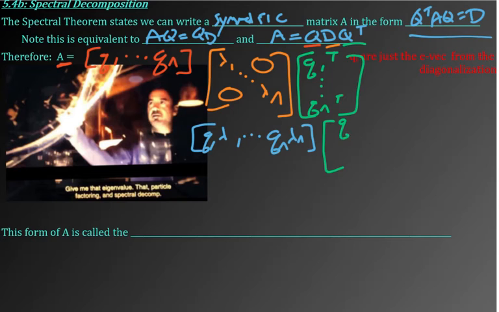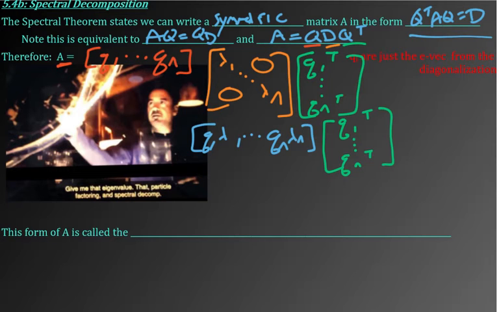And then I copy all of that down, and just do rows times columns. You multiply this times this, put that here, and then down here you do the next one times the next one, and so on and so on.